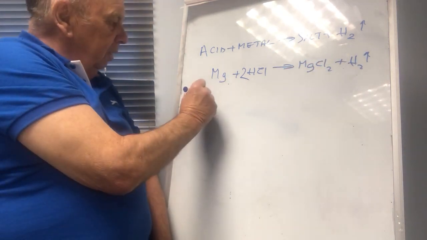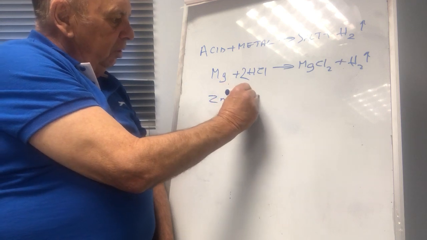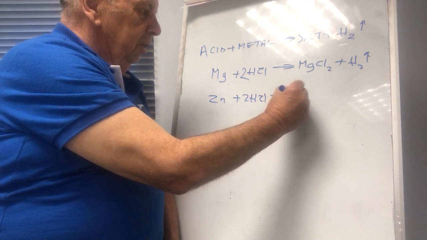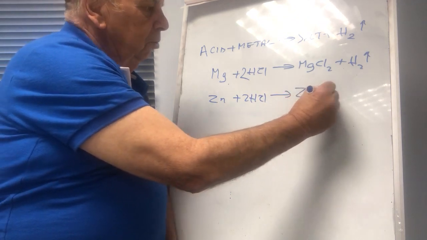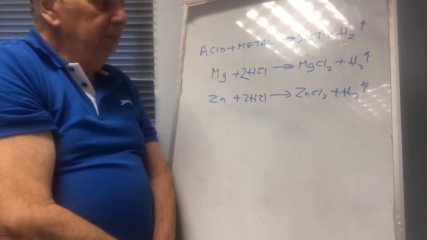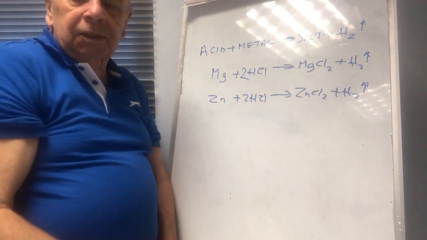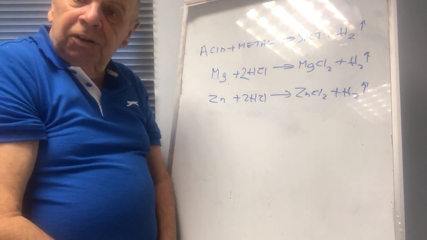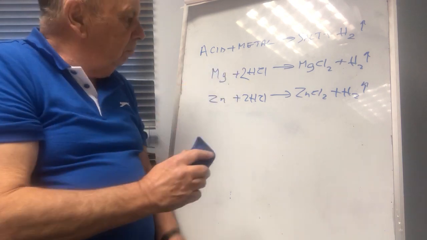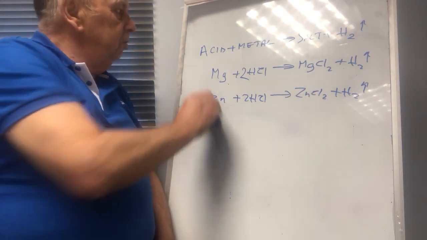Let's look at a second one. Zinc plus 2HCl reacts to form ZnCl2 and liberates hydrogen gas. These are the salts liberating hydrogen gas. That's the first reaction: acid plus metal gives you a salt plus hydrogen gas.